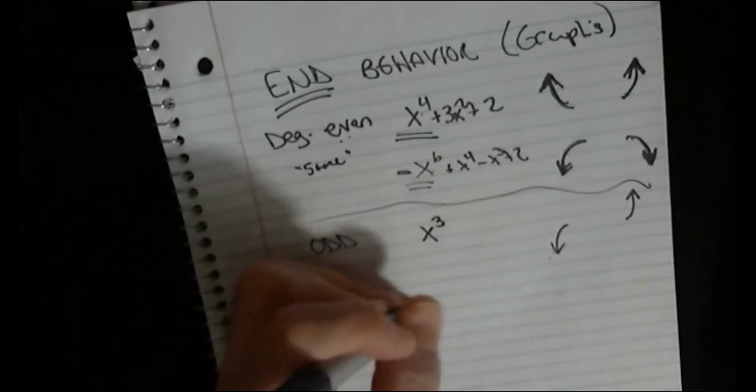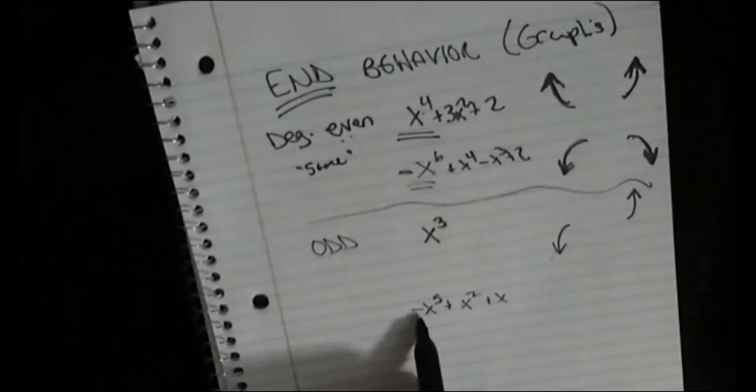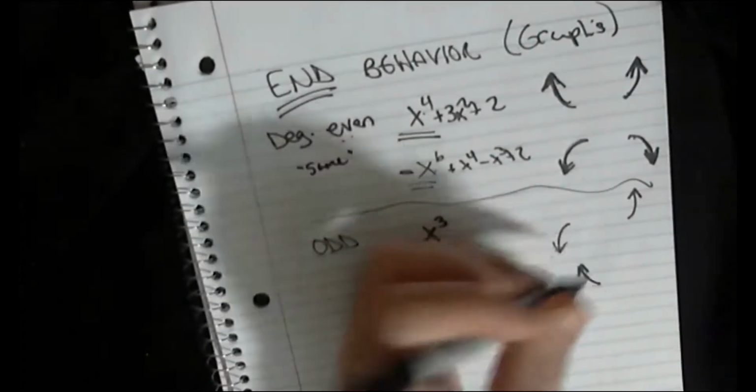If it's negative, so we'll say we have a negative x to the 5th plus x squared plus x, something like that, a negative odd degree polynomial, the left side will go up, and then the right side will go down. So again, this is just discussing what the ends are going to do.